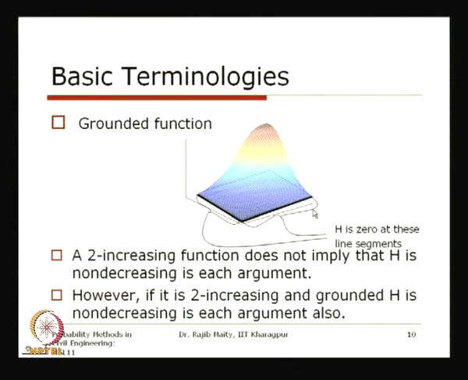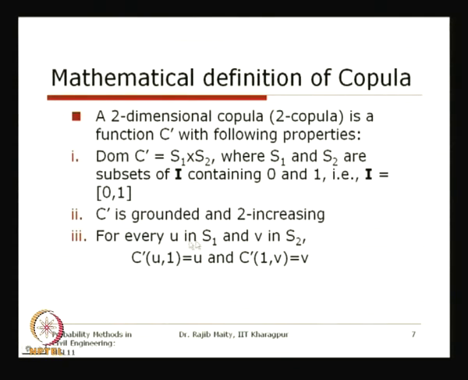So, now if I go back to one of the properties we discussed here, that if one of the values reaches its maximum value, then the value of the function equals the value of the other attribute. That is, C'(u,1) is equal to u and C'(1,v) is equal to v. Now, by the word grounded, what we mean is that if one of the arguments is 0, then the value of that function will be equal to 0.